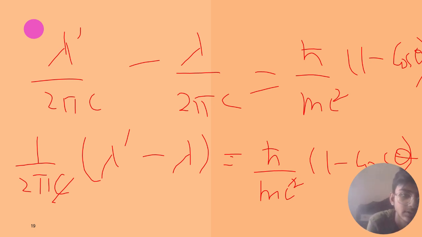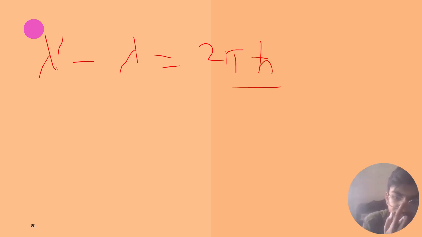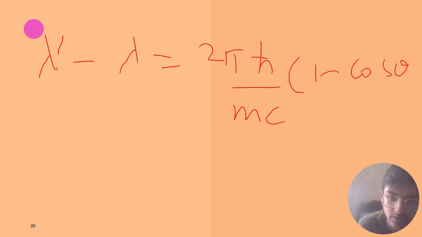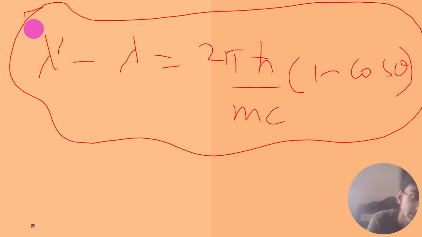Now lambda dash minus lambda is equal to 2 pi h cut by mc into 1 minus cos theta. So hopefully we are on the correct expression. Yes, so now this is our expression in terms of wavelength.